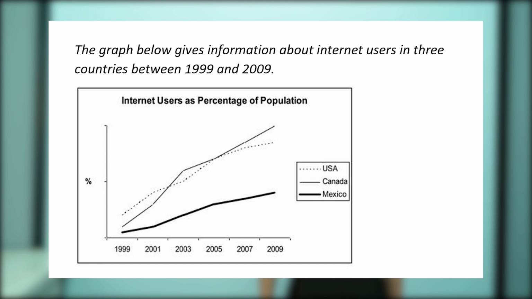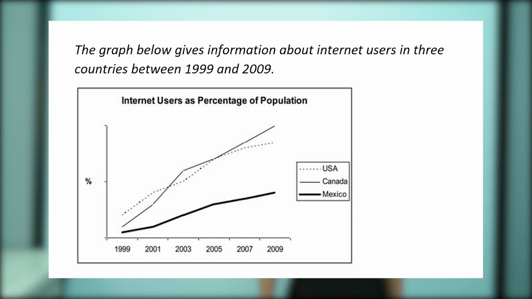So it will help us to define our figures in our line graph. Also, as you can see, we have years from 1999 to 2009. And the topic is internet users as percentage of population. And also, as you can see, we have a question. So this question should be paraphrased in our introduction.